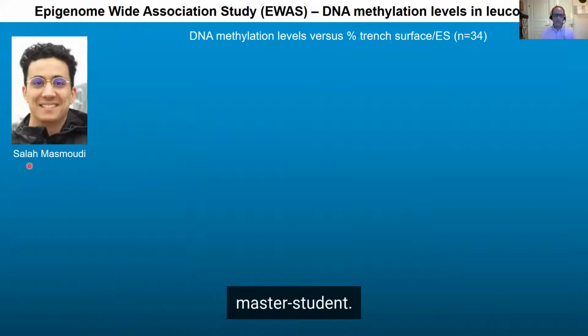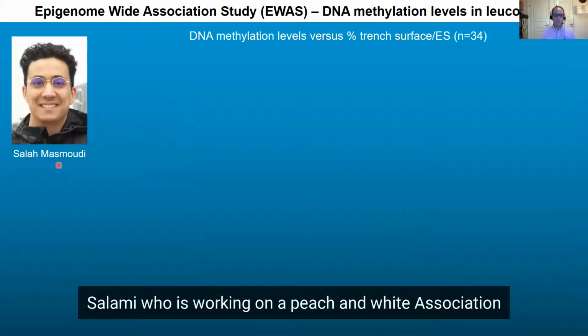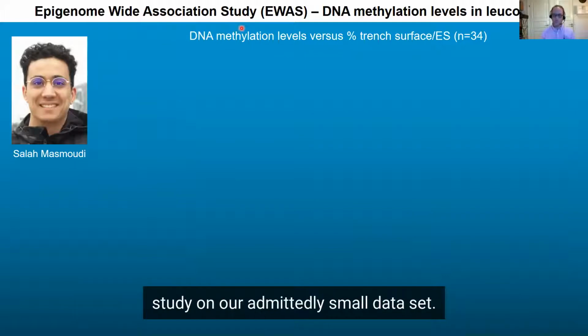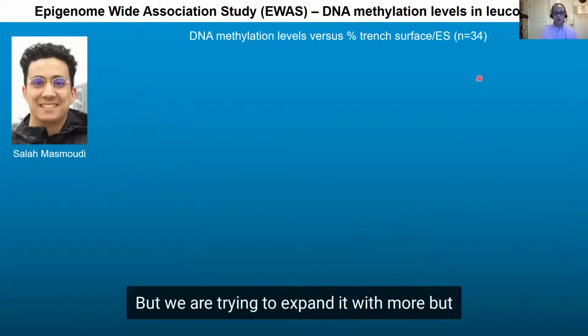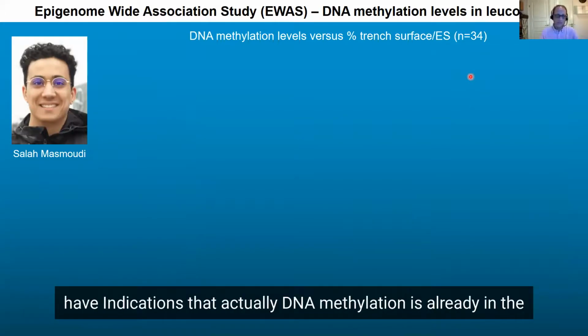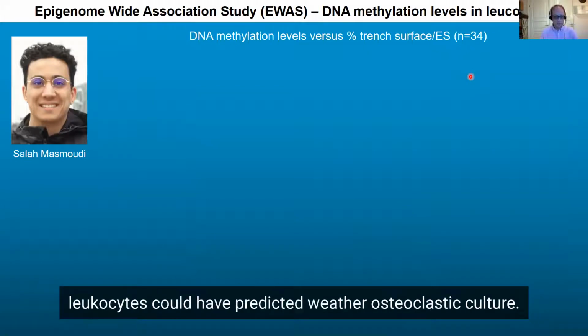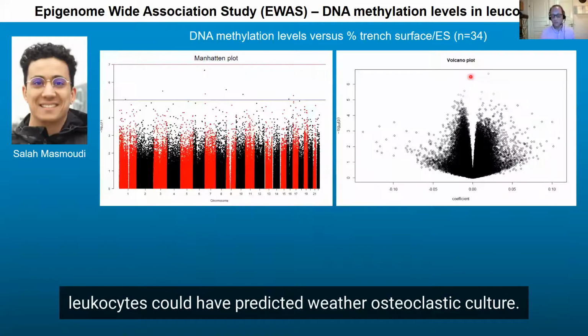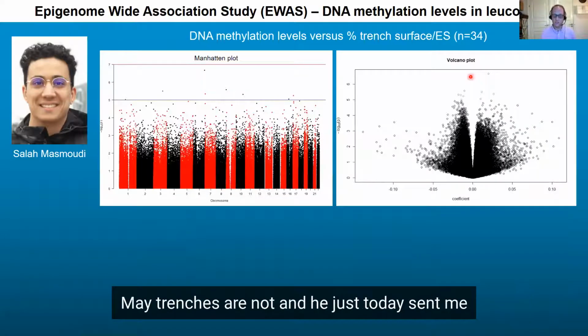Therefore, I now have a master student, Salah Masmoudi, who is working on an epigenome-wide association study on our admittedly small data set, but we are trying to expand it with more. But despite it being a small data set, we already have indications that DNA methylation already in the leukocytes could have predicted whether osteoclasts in culture made trenches or not.